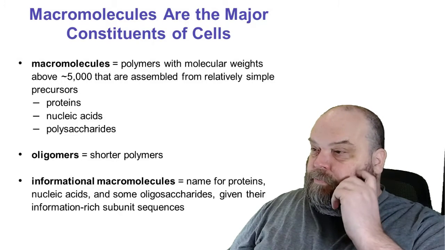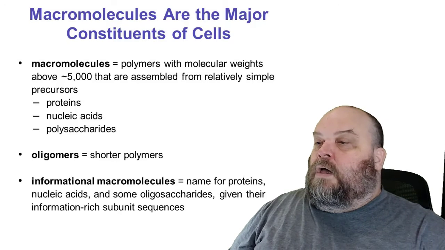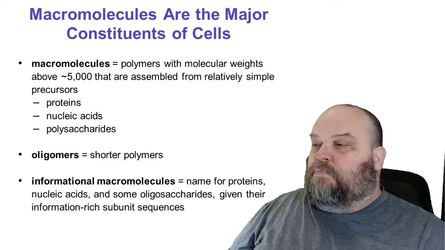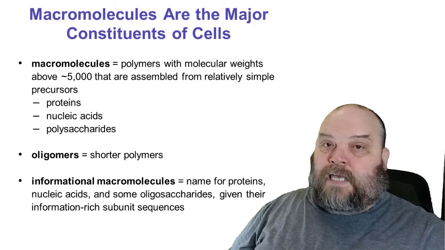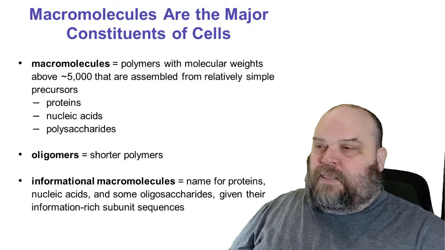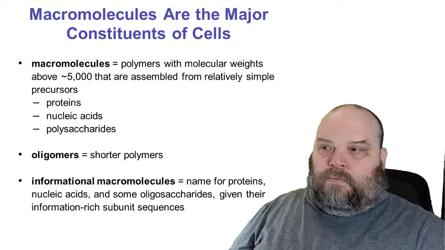Keep in mind, the macromolecules, these biomolecules that we're going to be talking about, are huge. Okay? When we're talking proteins, nucleic acids, the polysaccharides forming celluloses and things like that, they are huge.